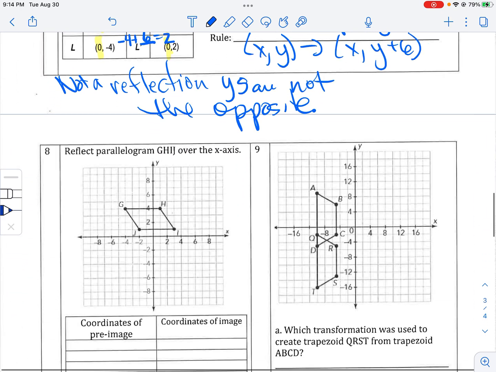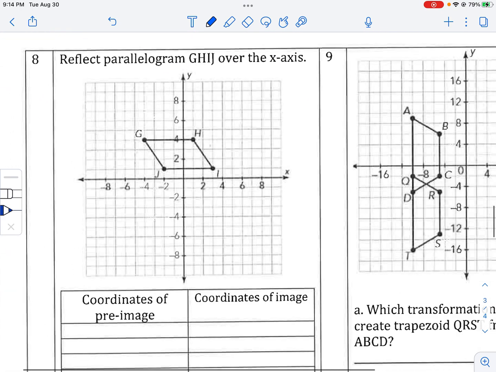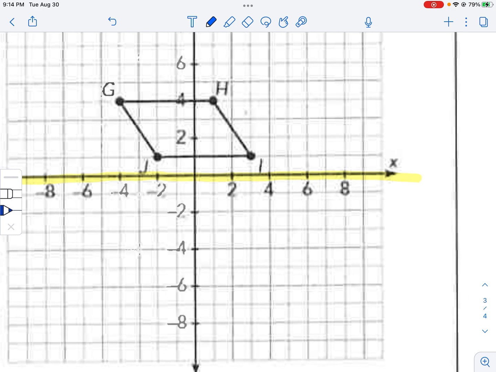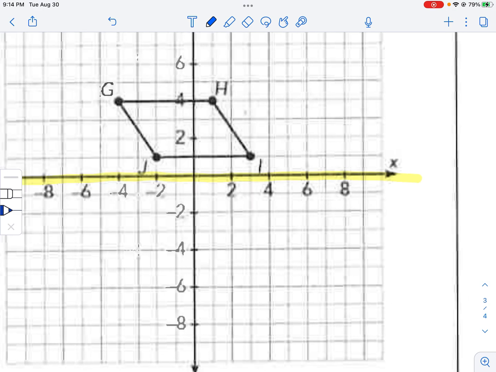Okay, next one. We're going to go over the y or the x-axis. Some of you are still going over the wrong axis. So J is 1 away, so J prime is going to be here. G is 1, 2, 3, 4 away, so 1, 2, 3, 4 away.